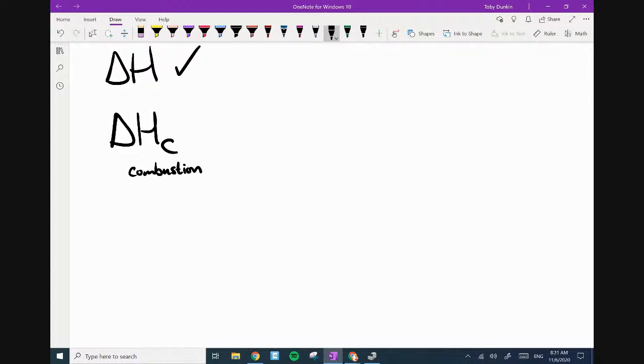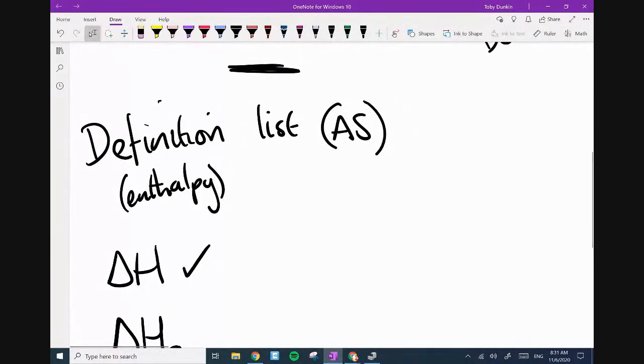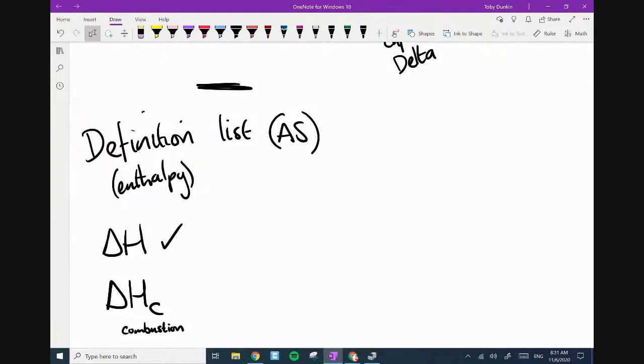Because when you get to year 13, oh my God, are you going to have a whole load of these to learn? Just a lower point, the definition list for AS, there is a second list for A2. And just so you know, when you get there, my lesson title is the definition list for enthalpy A2.